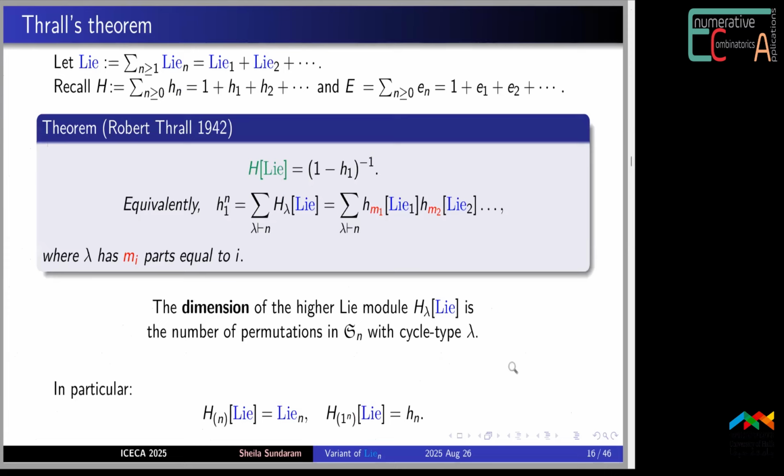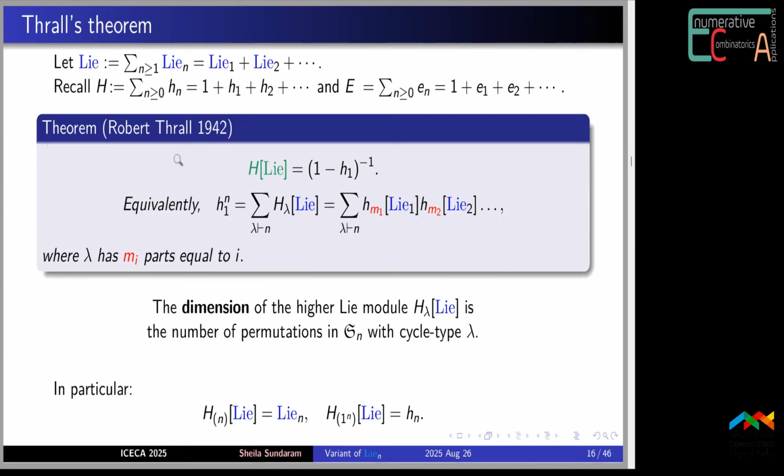Okay, so the next big fact here is a theorem of Thrall. I'm going to write Lie for the series of Lie n modules. And Thrall's theorem says, essentially, this plethystic identity, that the plethysm of the series H with the series Lie is the reciprocal of 1 minus H1.